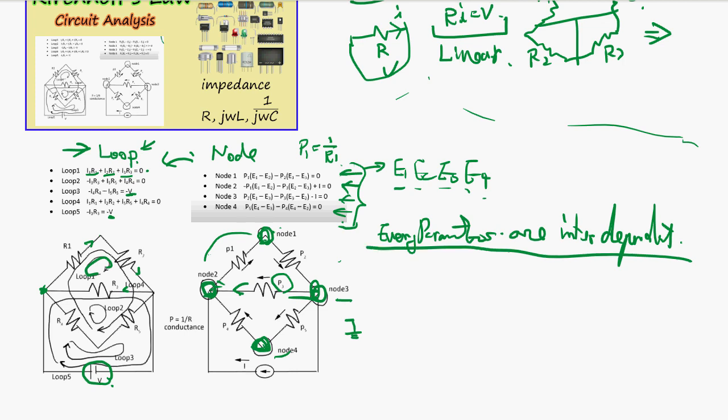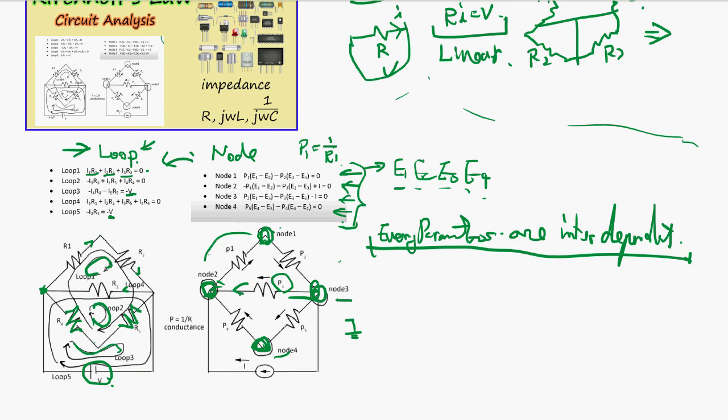They cannot be separated. They have to somehow have a common branch together, like this loop and this loop have a common branch, this guy and this guy, right? So everything is interdependent. Make sure you have every component covered, and every loop is connected with other loops.